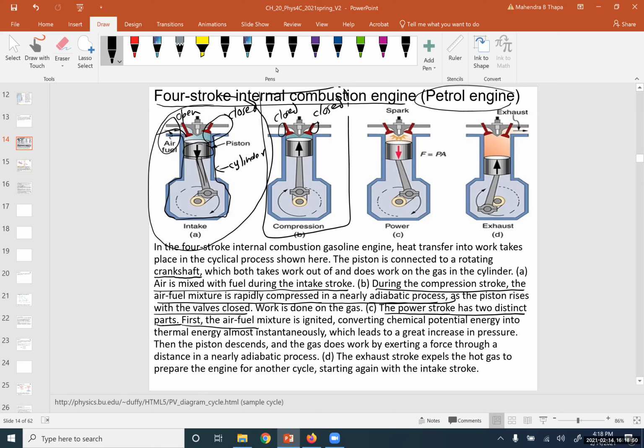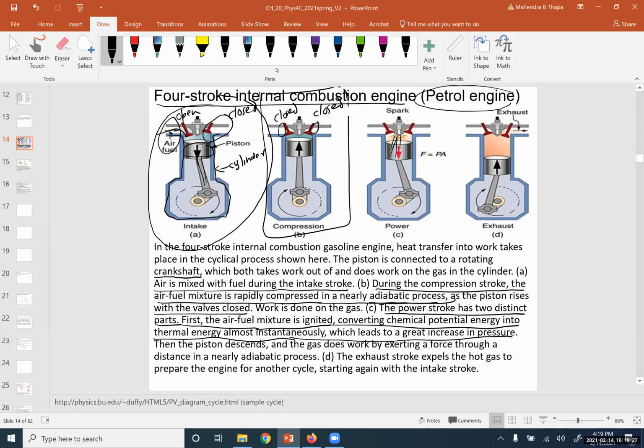First, the air-fuel mixture gets ignited because of a spark, and it converts chemical potential energy into heat energy, almost instantly, which leads to a great increase in pressure as the piston goes down. In that situation, volume will increase, so the gas does the work.